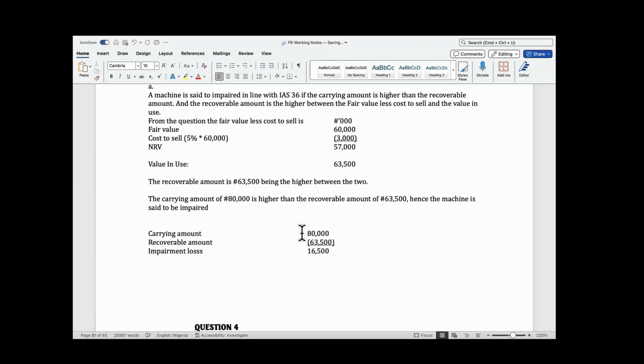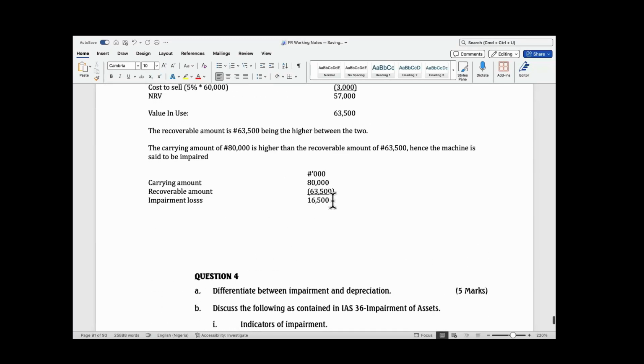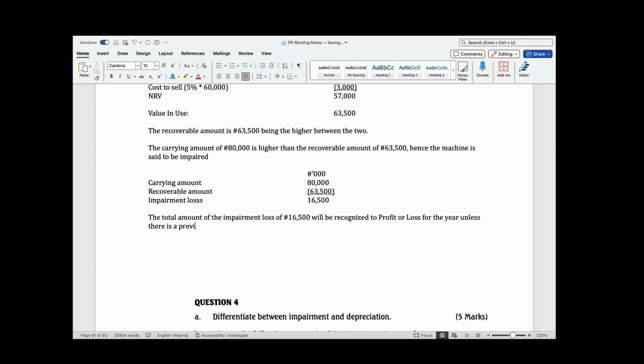Of 16,500. So the total amount of the impairment loss of 16,500 will be recognized to profit or loss for the year, unless there is a previous revaluation surplus on the machine.